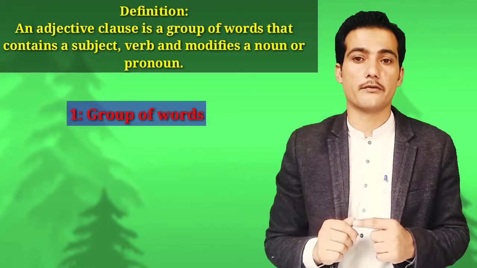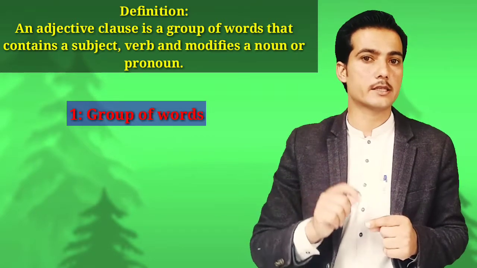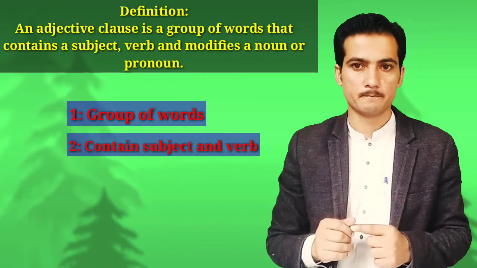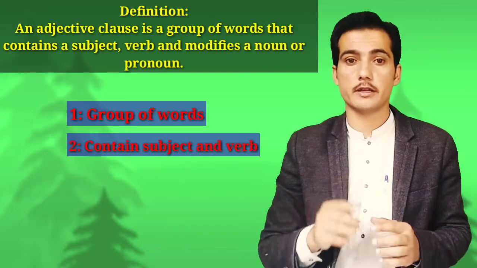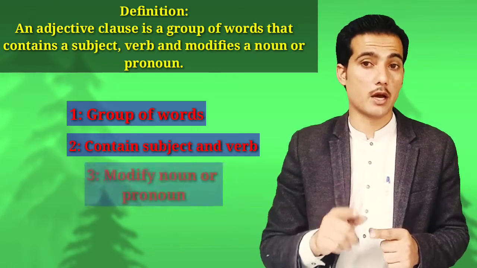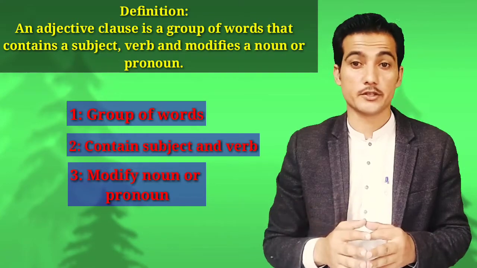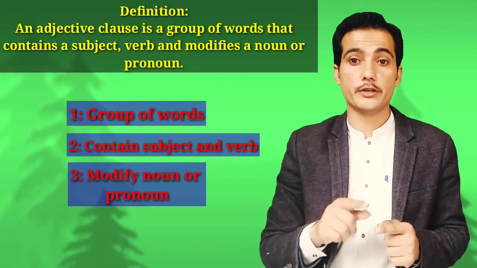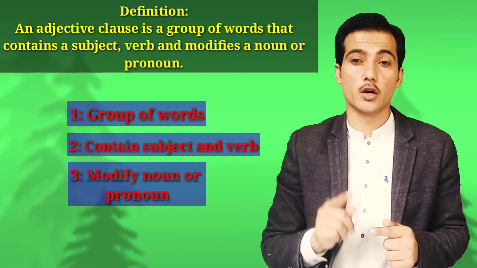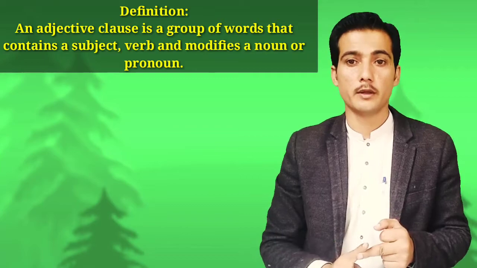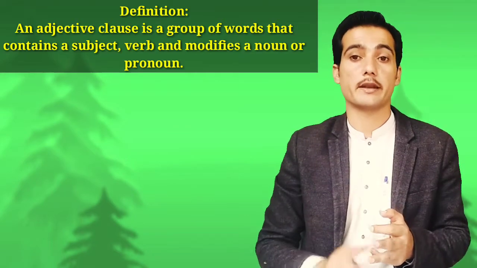The second information is that an adjective clause will contain a subject and a verb. And the third thing is that it will modify a noun or pronoun, just like an adjective. But the difference is that it will be a group of words, it will contain a subject and a verb, and it will function like an adjective.